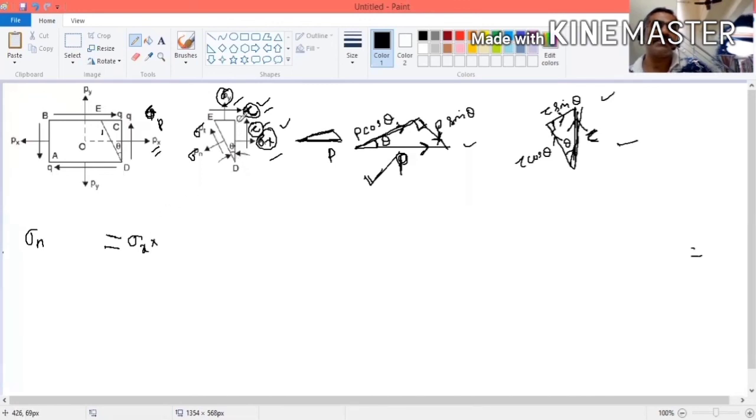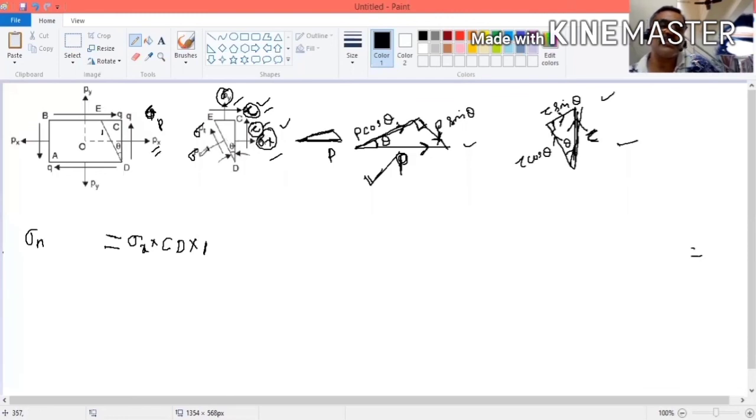Cross section area is CD into perpendicular distance. Perpendicular distance is not given, so take it as 1. That is the cross section area. This is how sigma x is converted into load.